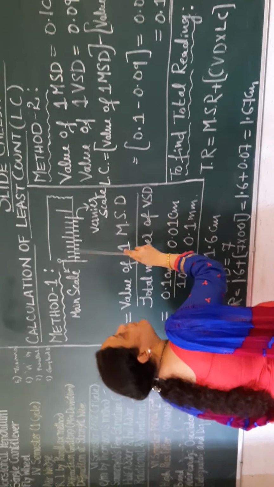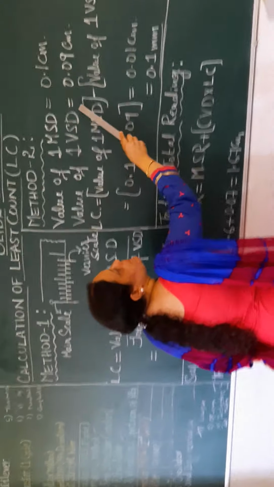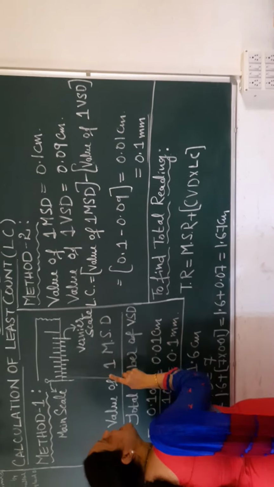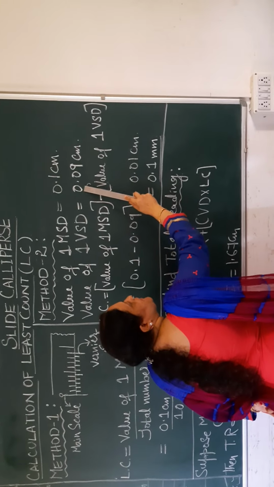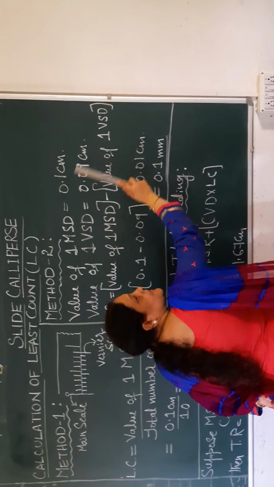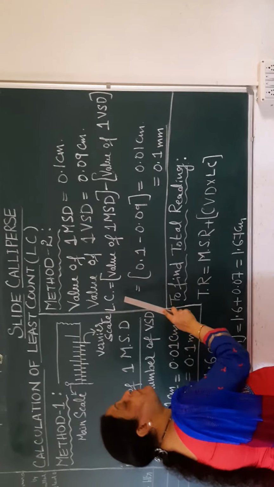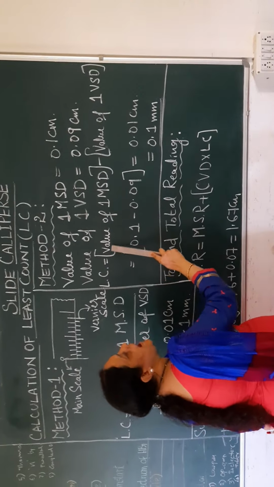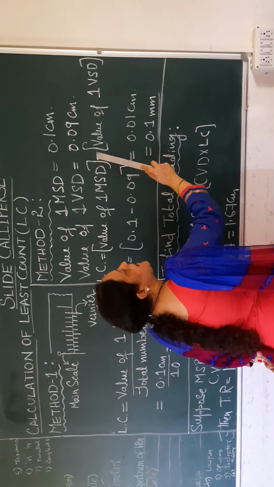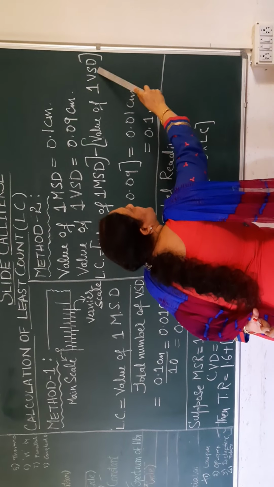Therefore, the value of 1 vernier scale division will be equal to 0.9 divided by 10, which gives the value 0.09 centimeter. Therefore, the formula we are using here is least count is equal to the value of 1 MSD minus the value of 1 VSD.